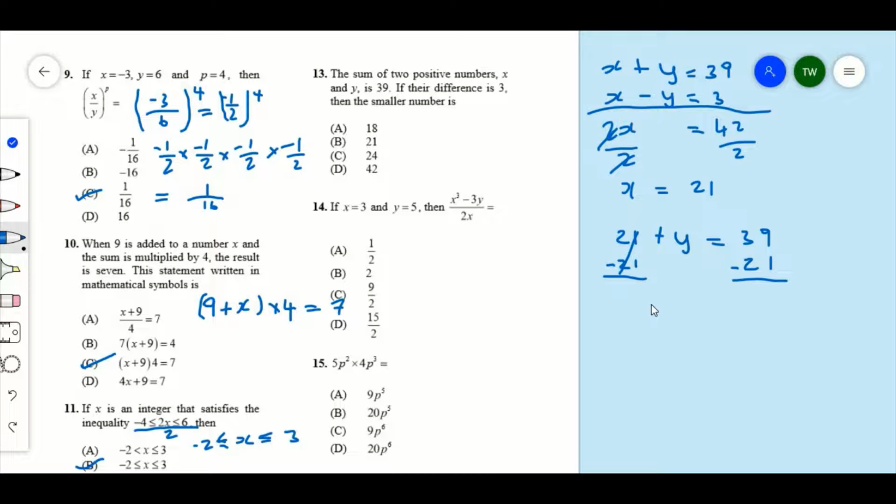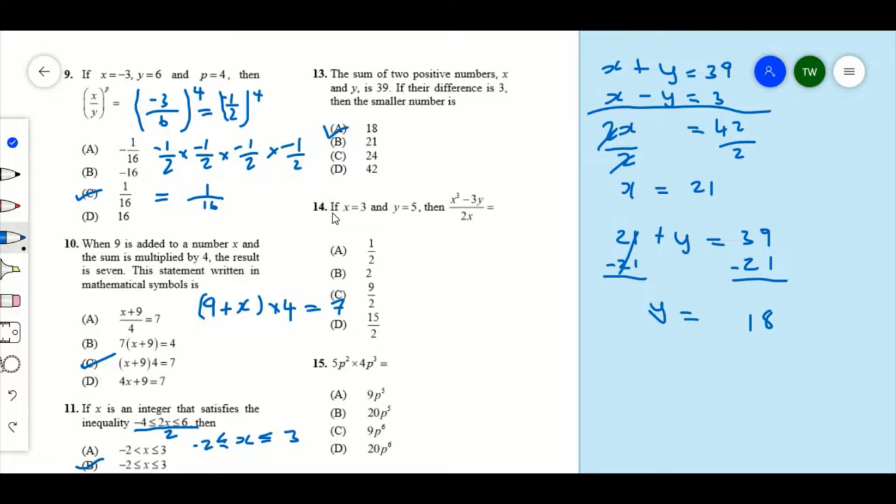So what we're left with here is y is equal to 39 minus 21, 9 minus 1 is going to leave us with 8, and 3 minus 2 is going to leave us with 1. So the two numbers are x equal 21 and y equal 18. Therefore, the smallest number is going to be 18, which is A in this case.